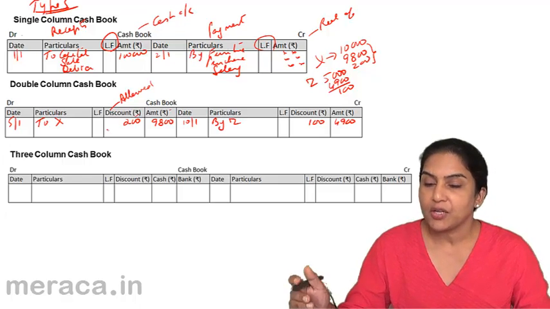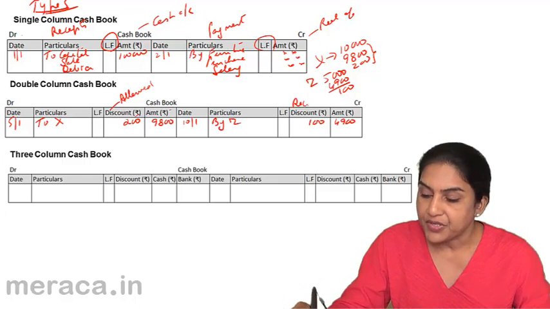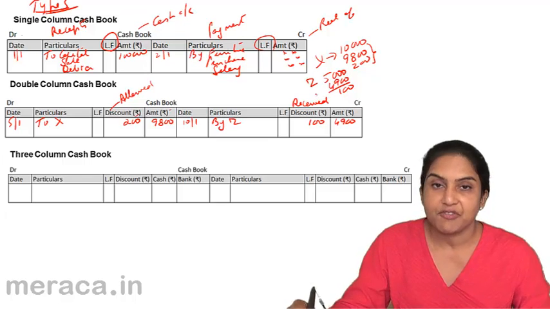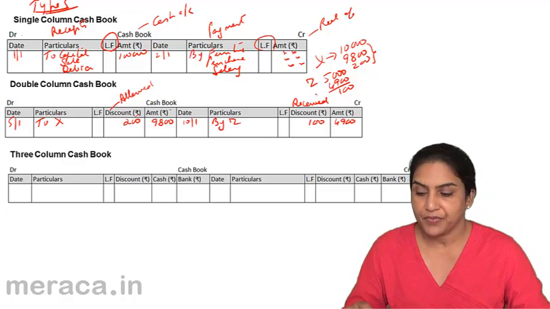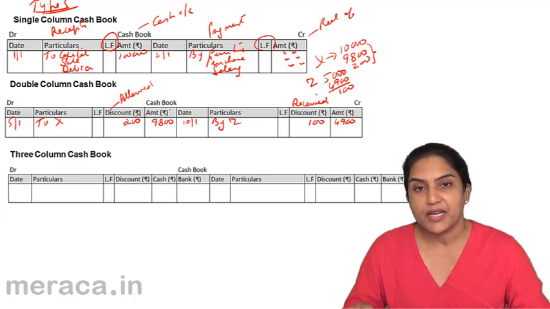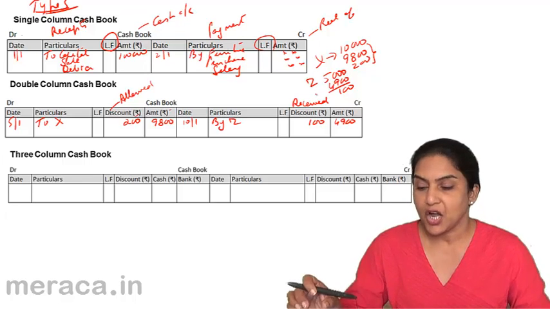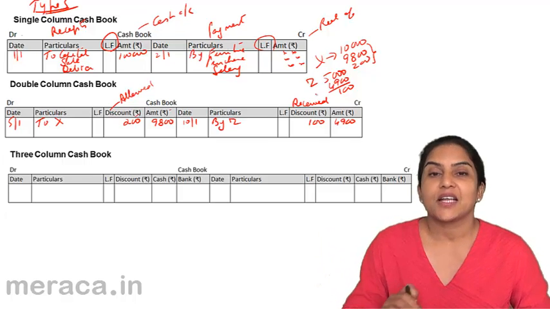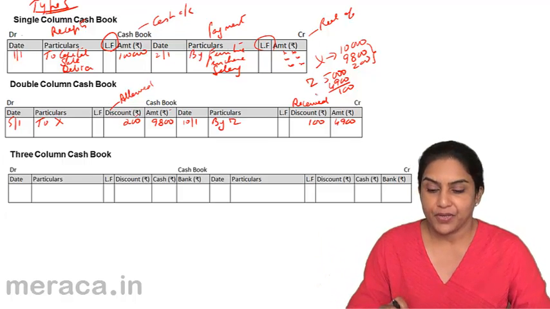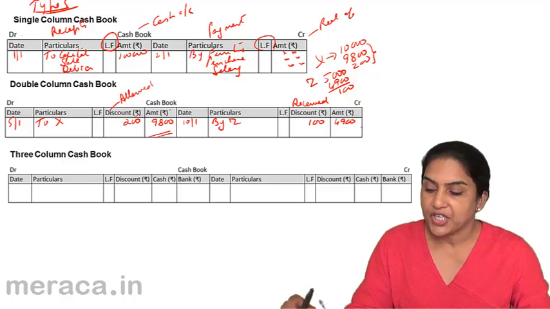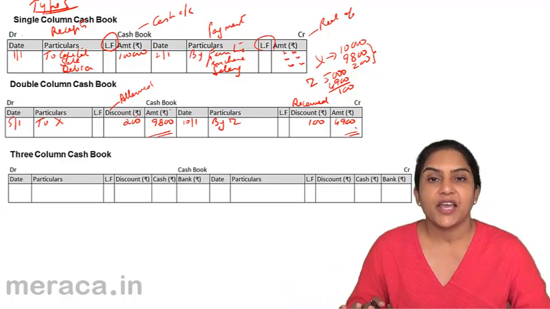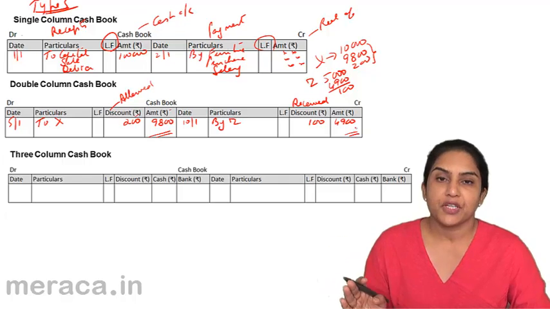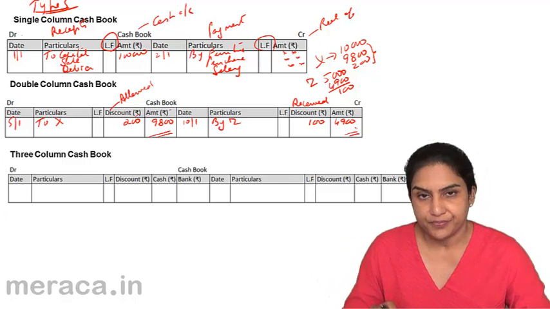The discount column on the credit side represents discount received. The discount allowed and discount received columns, the totals are taken and posted to the discount account in the ledger. But this column, the cash column, represents the cash account. There is no further posting to cash account.